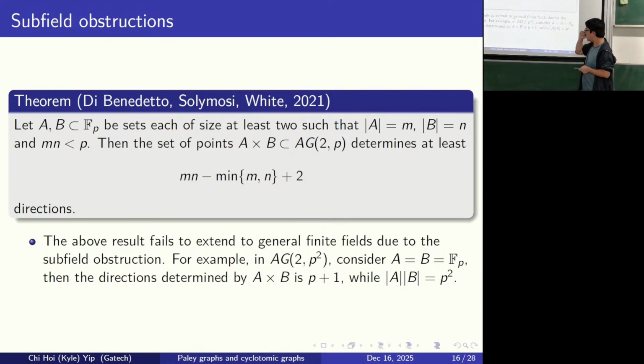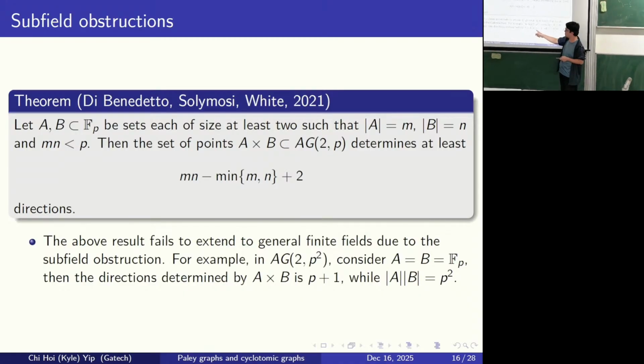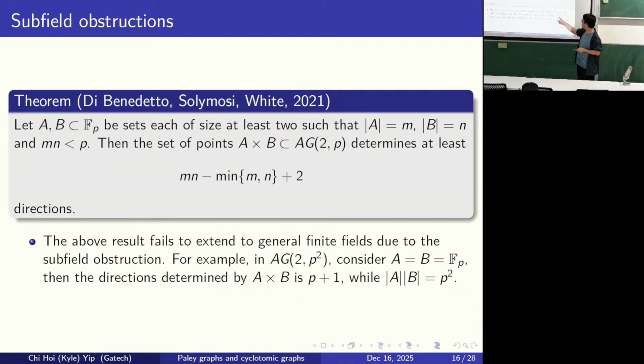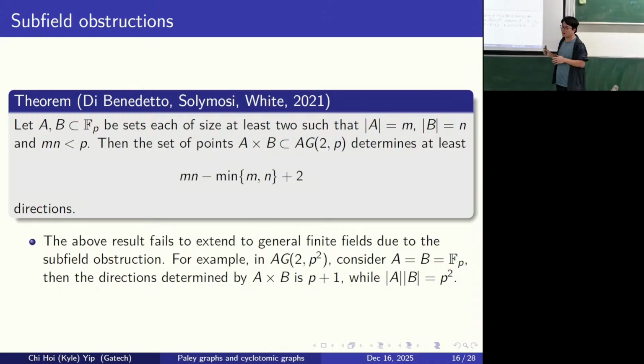In this case, if you just take A and B to be the subfield of size p, you can show that the number of directions determined by this point set is precisely p plus 1, because actually we are lying in the subfield, right? So all the directions are in the subfield. So even if we are working in the larger field, we do not see anything outside of the base field.